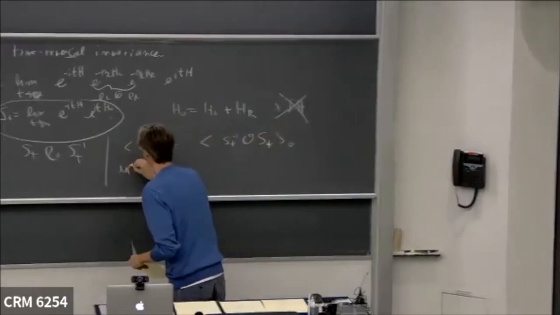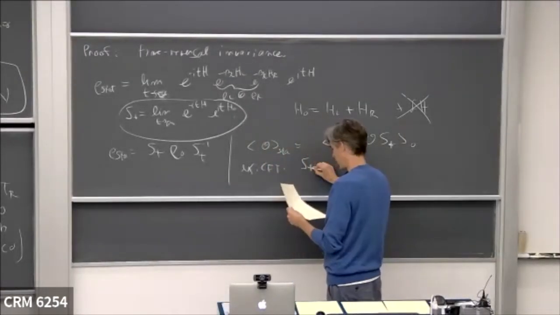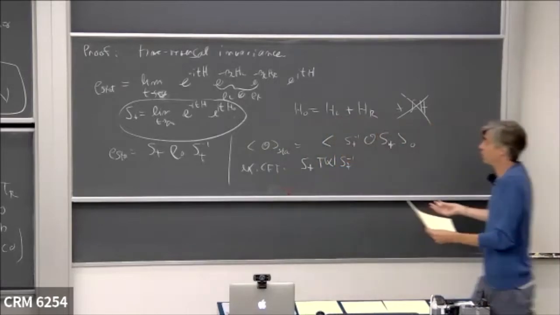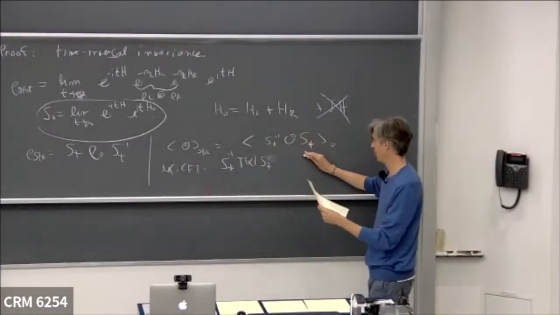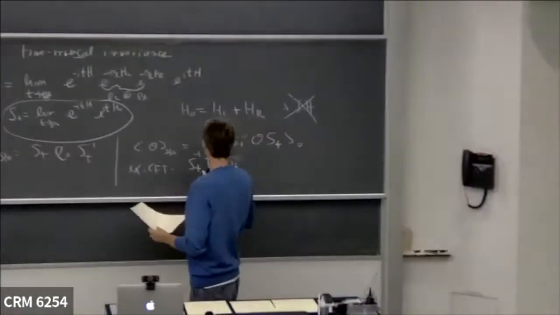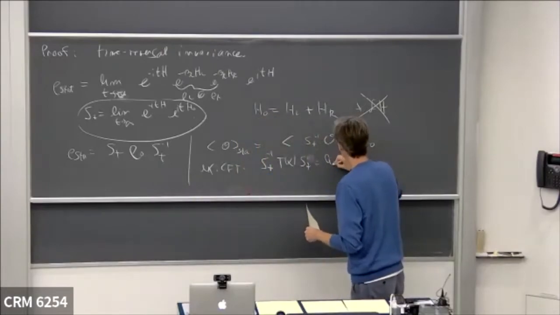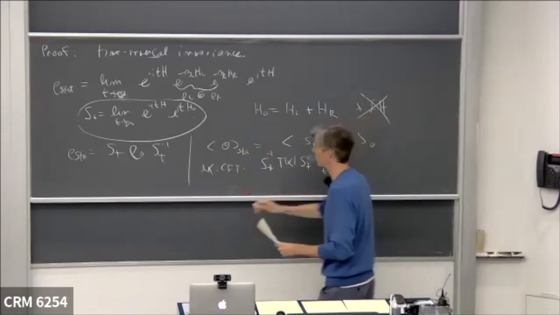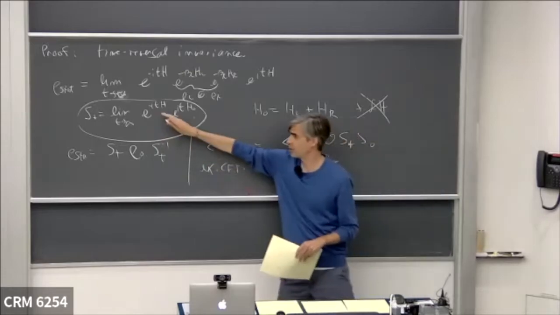It is interesting to work it out in CFT. When you do S plus on T(x), for instance, what do you get? Exactly like what we do here, just evolving this local operator. It's not complicated. What it means is that you first evolve in time, with the limit T goes to infinity. I evolve in time first with the inverse of the true Hamiltonian, so that is the one that acts first.